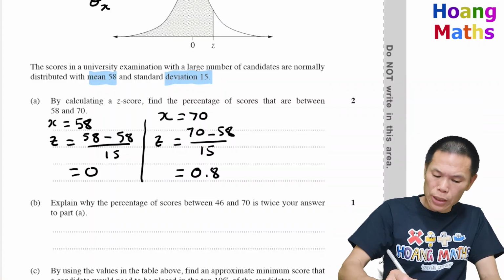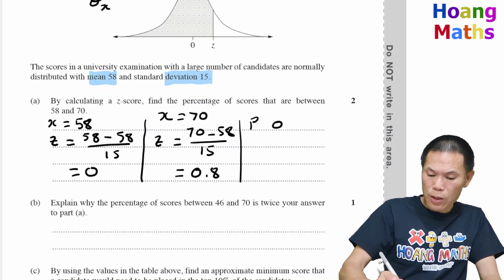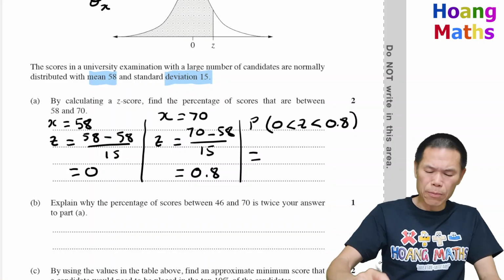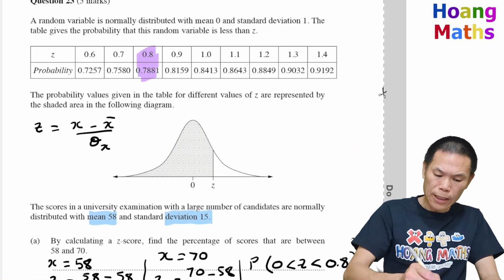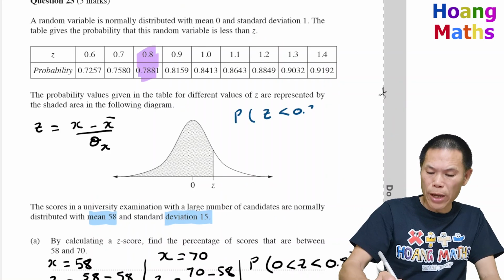So this means that we need to find the probability between 0 and 0.8. So from the table, we know that 0.8 for z is the probability of z less than 0.8.